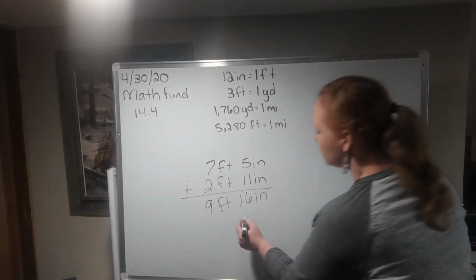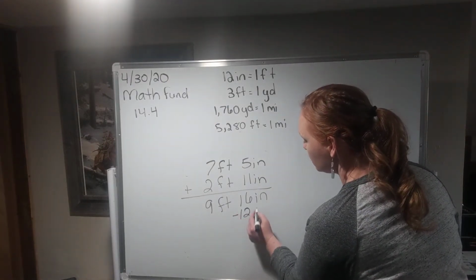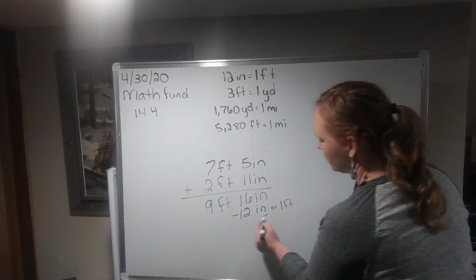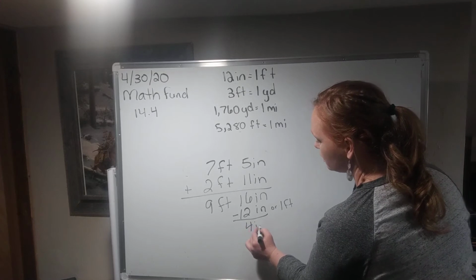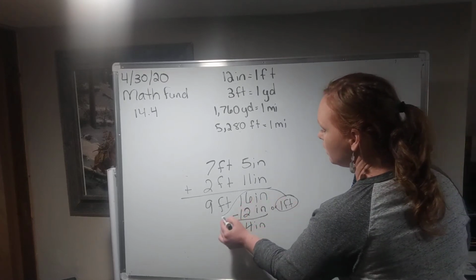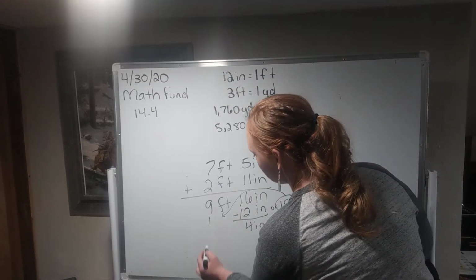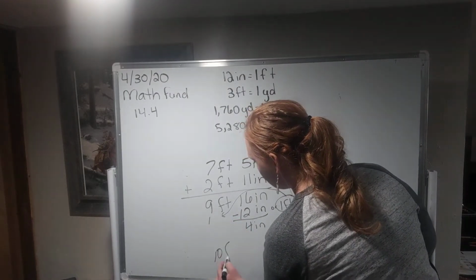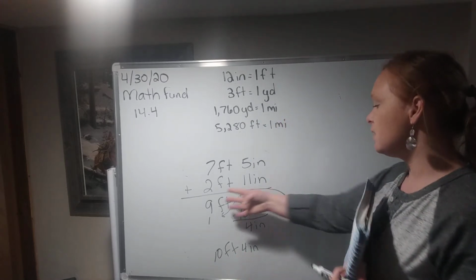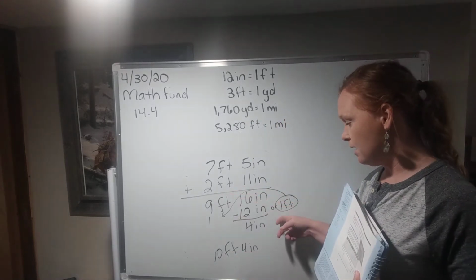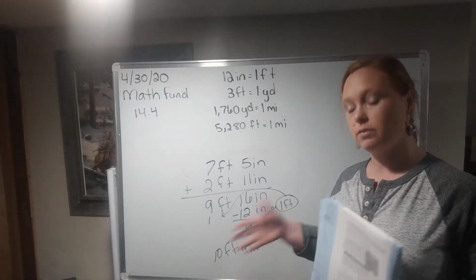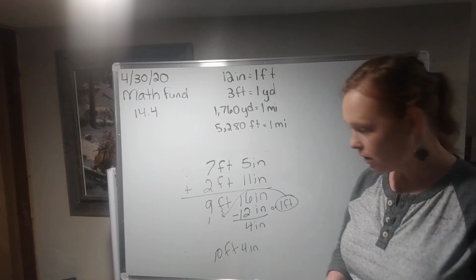So let's just take out a foot, which would be 12 inches, right? Or 1 foot. Okay? Let's subtract that. I have 4 inches left, and I'm going to take that 1 foot and I'm going to move it over here. So, and add it on. So now I have 10 feet 4 inches. Okay, and some of this you can work out in your head, but 10 foot 4 inches is a reduced finalized answer.